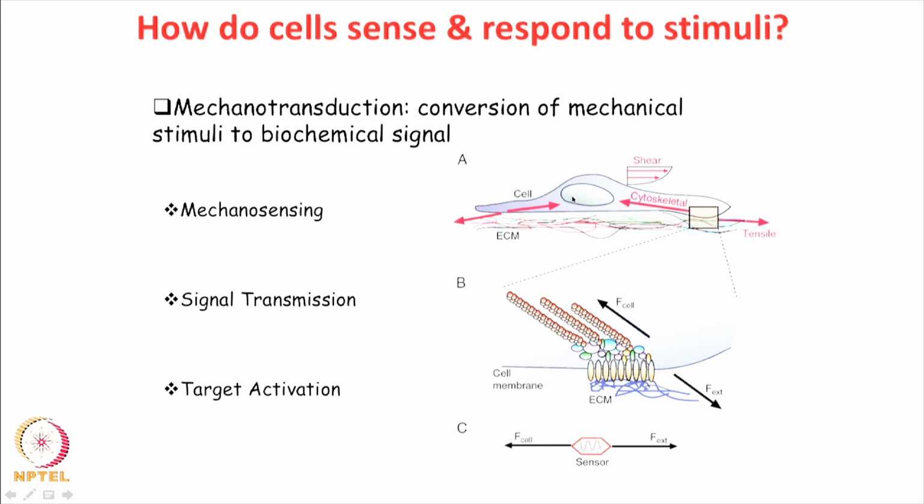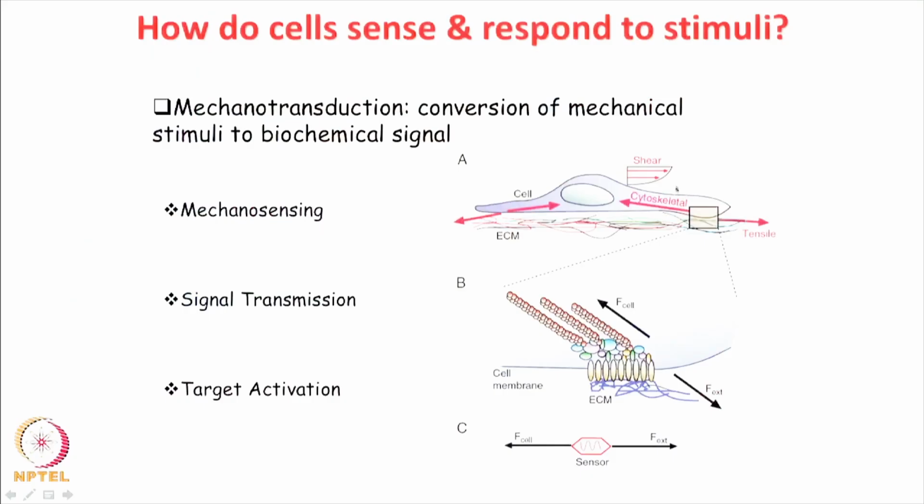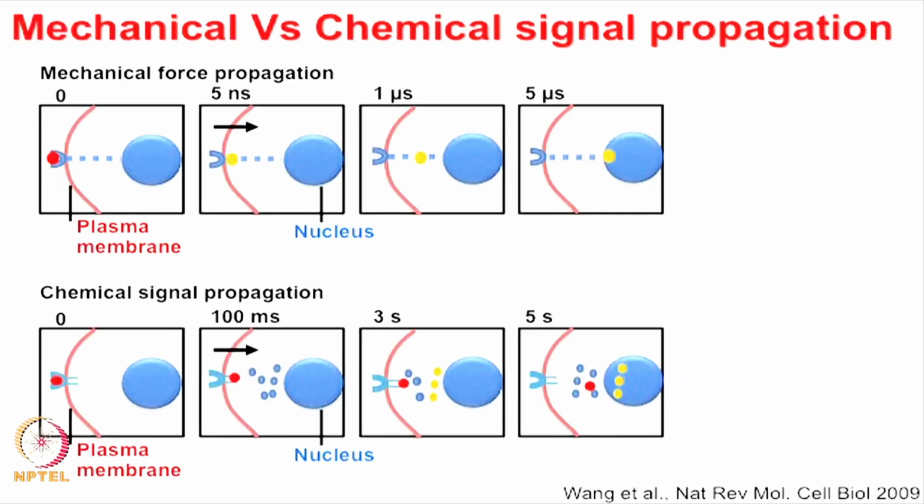All this could also have happened not just through this mechanical route, but through passive diffusion of molecules which bind to membrane proteins at the periphery and then come in and reach the nucleus to direct cell signaling pathways. That is possible, of course, but it turns out that the mechanical force propagation time scales are in the order of microseconds.